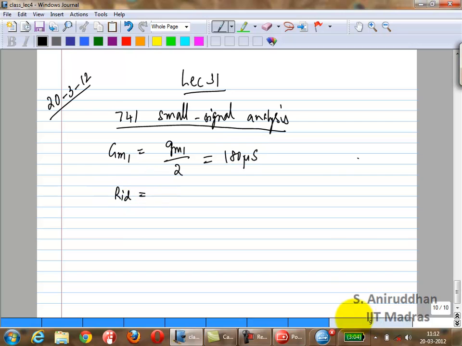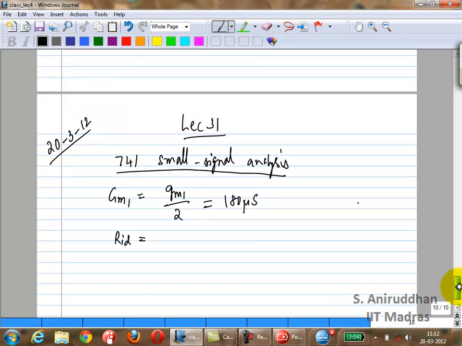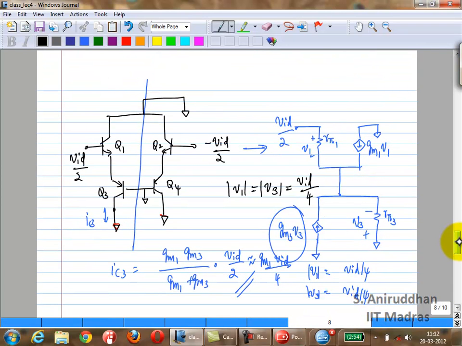What is the input impedance? Differential input impedance? Anybody? What do you need to do to calculate input impedance?